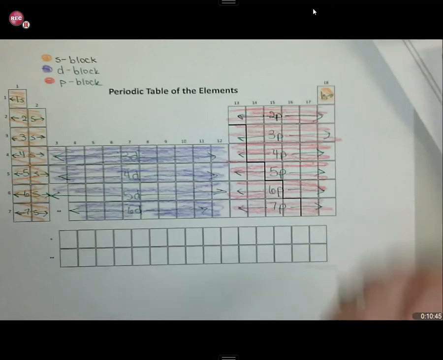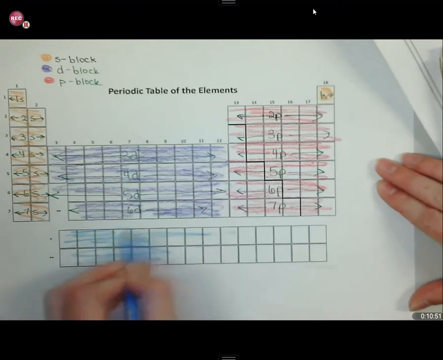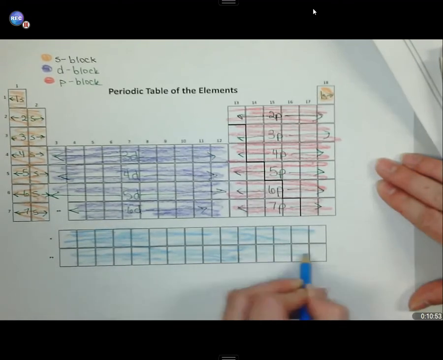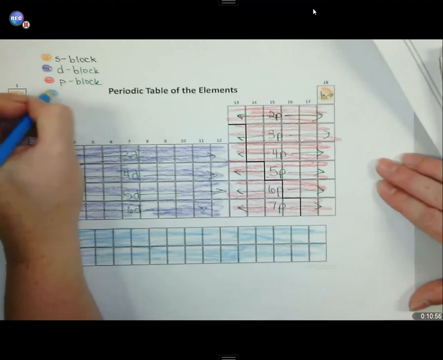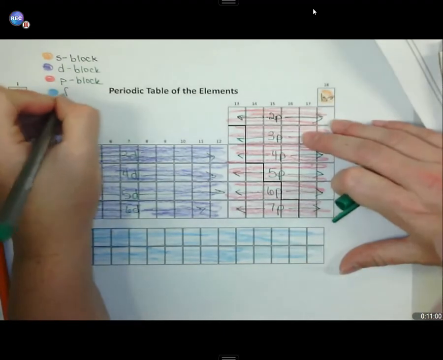And then at the bottom, you are going to have your F block.